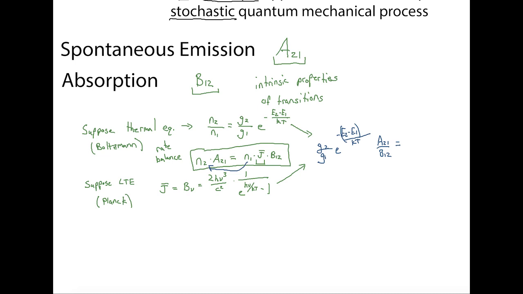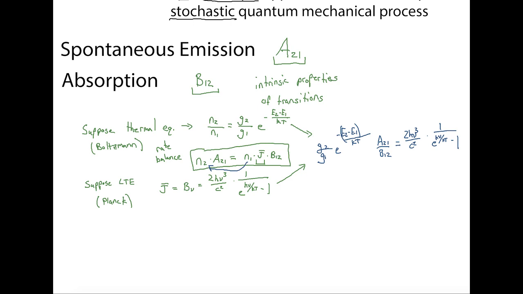I'm going to replace J bar with the Planck function because we're solving this for local thermodynamic equilibrium, which means that this needs to be 2h nu cubed over c squared times 1 over e to the h nu over kT minus 1. So this balancing was something that Albert Einstein, in fact, worked on doing in the early 1900s.